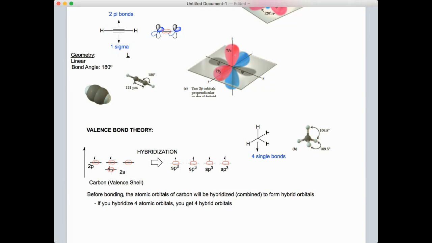So the shape of a hybrid orbital is something like this. Of a hybrid sp3 orbital, it looks like this. Okay. That's the shape of an sp3 orbital. So you have 4 of them.